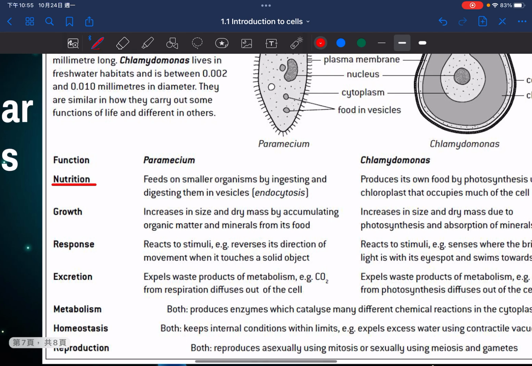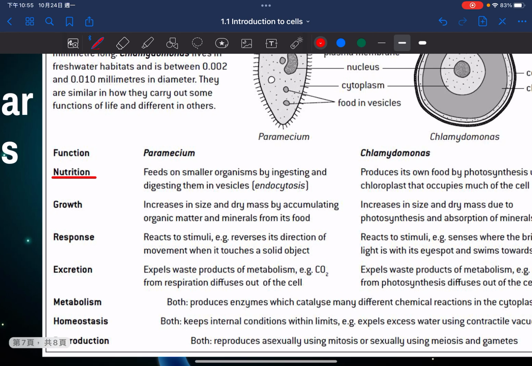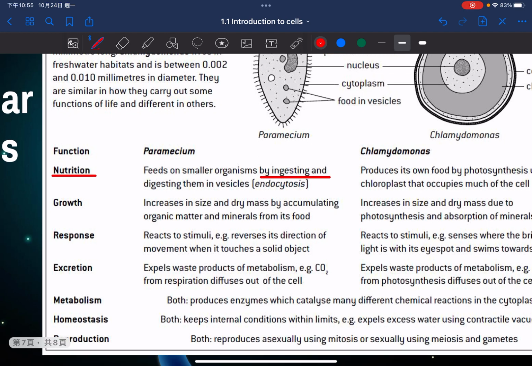The heterotroph feeds on smaller organisms or smaller particles from the environment by ingesting and digesting them in vesicles. But actually, it needs some organelles. What kind of organelles? Lysosomes. A lysosome is an organelle containing a lot of enzymes.